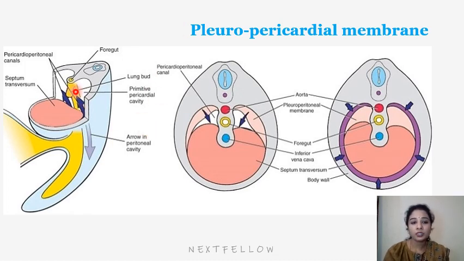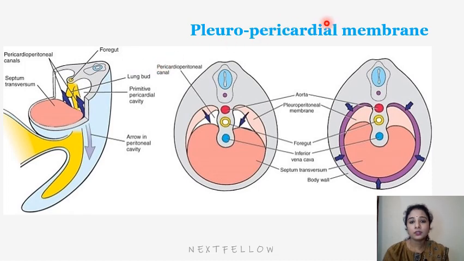Here we can see the primitive esophagus, and a canal is present on each side of it, dorsal to the septum transversum. This is the septum transversum on the ventral side, and these canals are present on each side dorsally, and this is the dorsal mesentery, which connects the developing gut to the posterior abdominal wall.